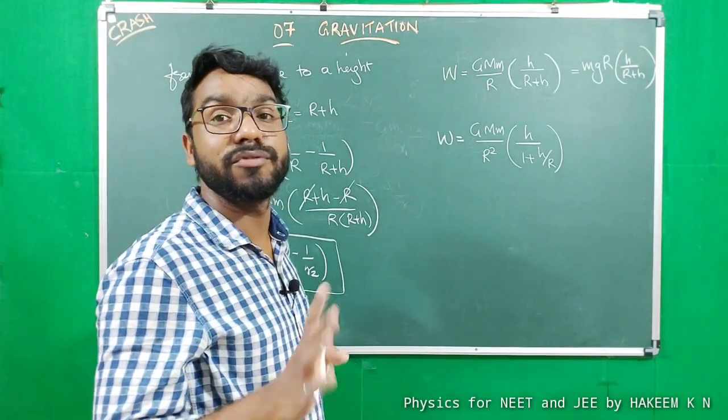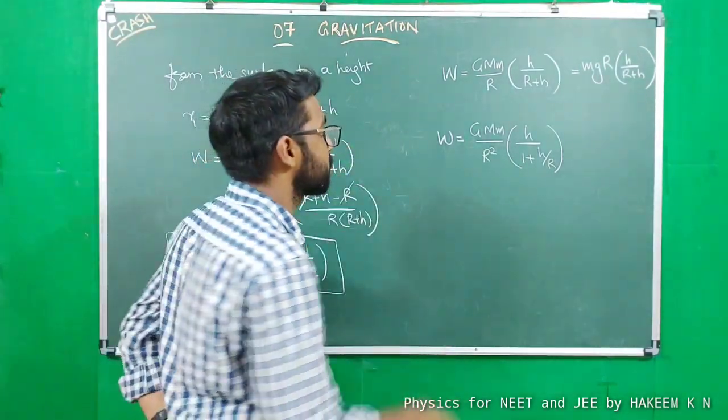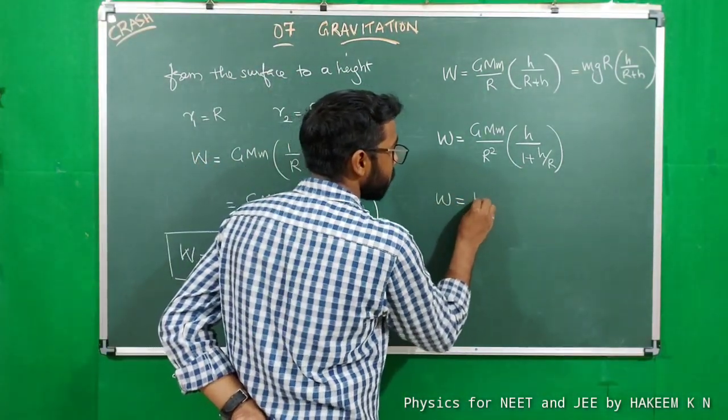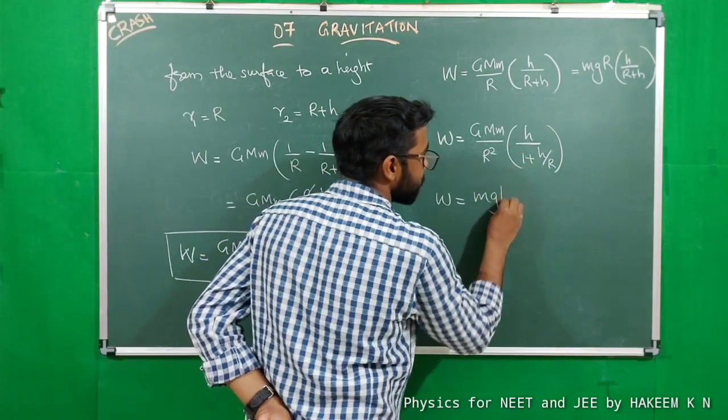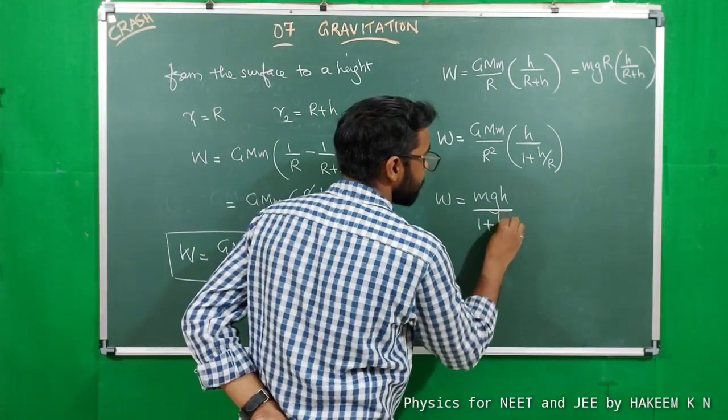It is gravitational force or weight of the body on the surface. So W equals mg into h by 1 plus h by R.